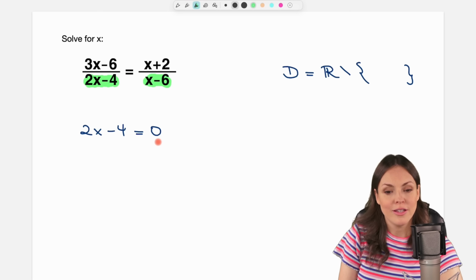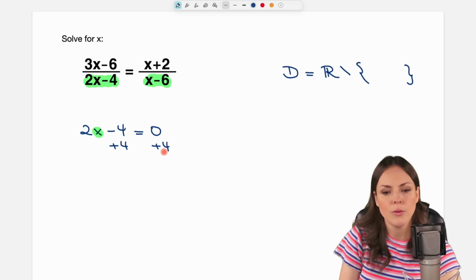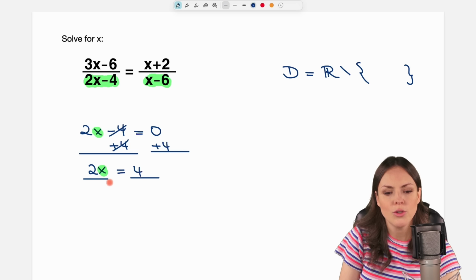Okay, let's solve this equation now for x. Then we can add 4 on both sides of the equation, so that we have 2x here. This cancels out, and on the other side we have a 4. To solve for x, we have to get rid of the 2 here, so let's divide by 2 on both sides of the equation.